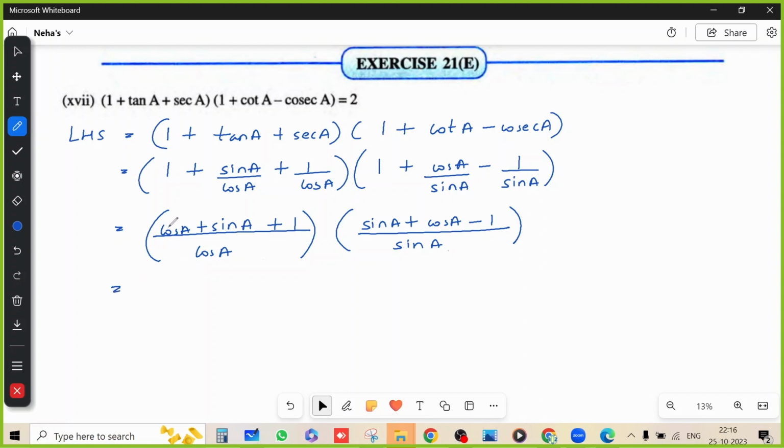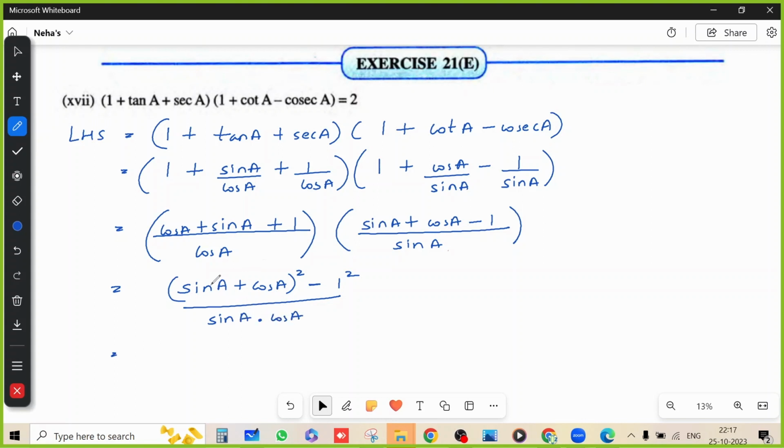Now we can rearrange both the brackets in such a way that sine A plus cos A are in the same bracket and 1 is separate. So it becomes a formula of A plus B into A minus B. So this can be written as sine A plus cos A whole square minus 1 square, and the denominator will become sine A into cos A.